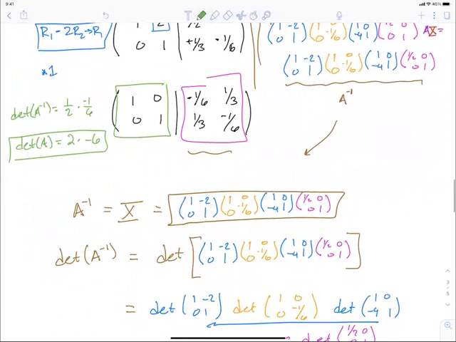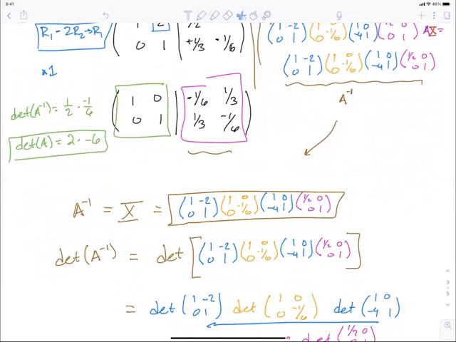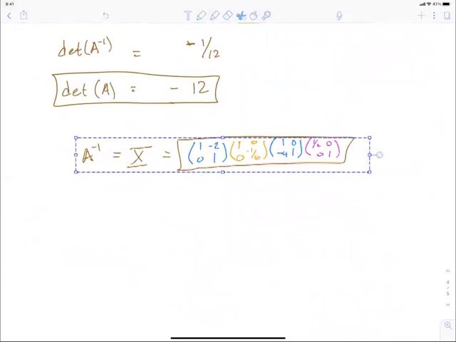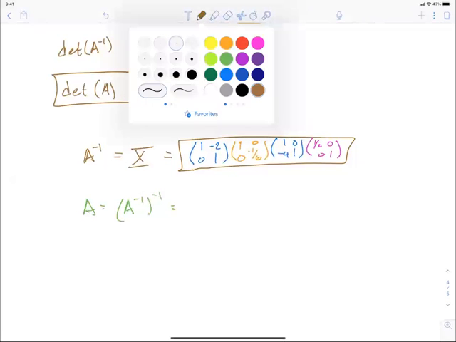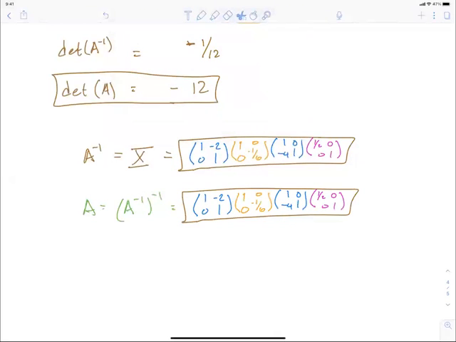Another thing I want to point out, which I think is kind of good, is that you can write a matrix in terms of its elementary matrices. So here we have A inverse is this. Well, this means that A, which is equal to the inverse of A inverse, is equal to all of these matrices inverted.